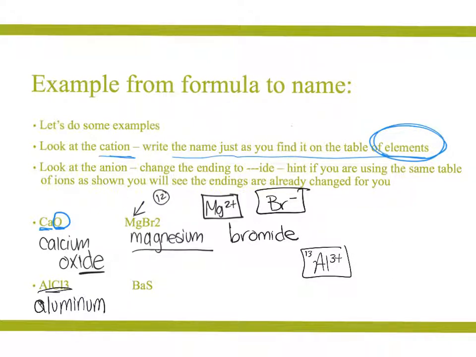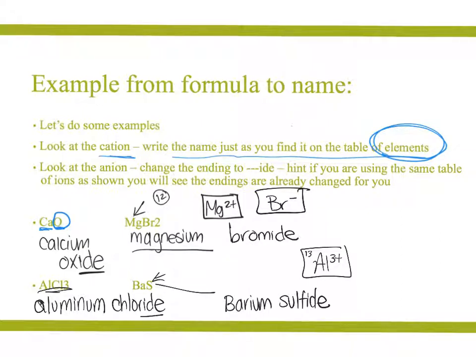So aluminum, and Cl is for chlorine or chloride when it becomes attached to there, so it ends in IDE. Okay, last one is Ba. So Ba I'm going to find is barium. I'm going to look for S, and it's called sulfide. So it's called barium sulfide.